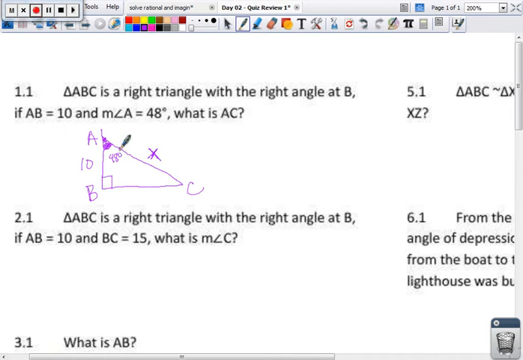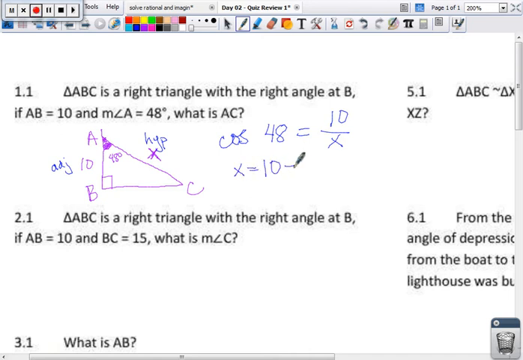So we know an angle, and we know a side length. We're going to use trigonometry. For angle 48, this is the adjacent side. This is the hypotenuse. So we're going to use the cosine function. Cosine of 48 equals adjacent over hypotenuse. And as we've learned, when x is in your denominator, we end up dividing.